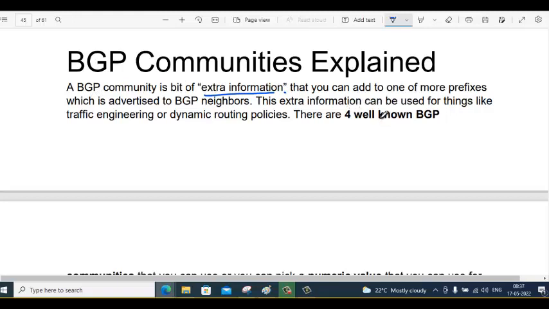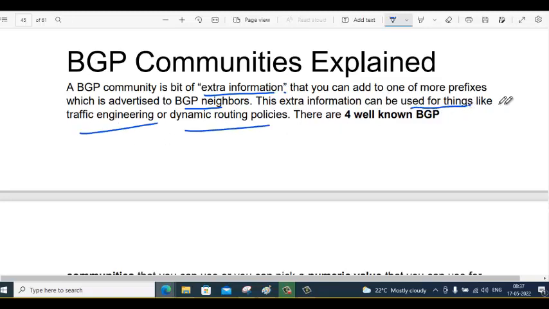This extra information is advertised to the neighbor. The neighbor gives the meaning for that extra information. It can be used for things like traffic engineering and dynamic routing policy.